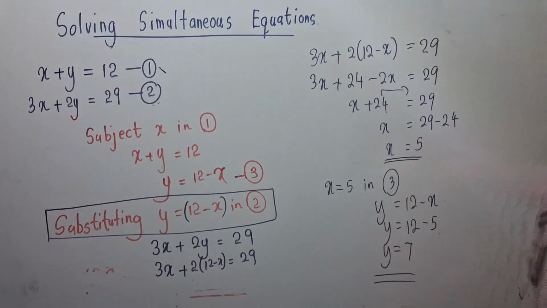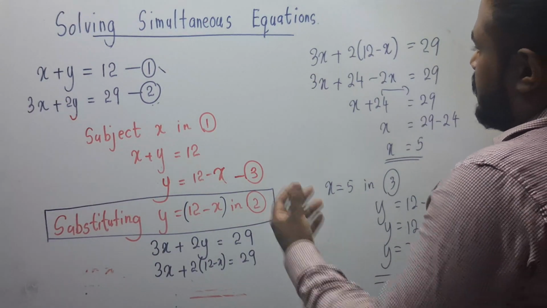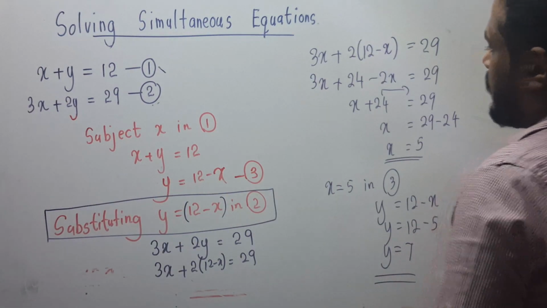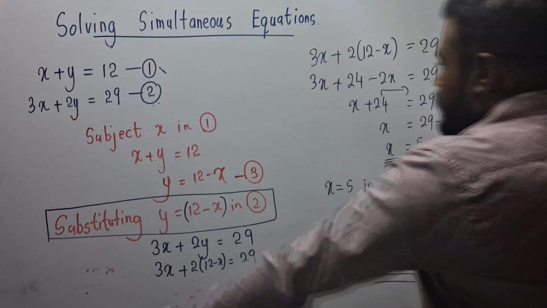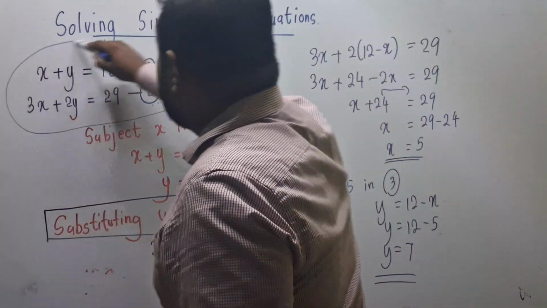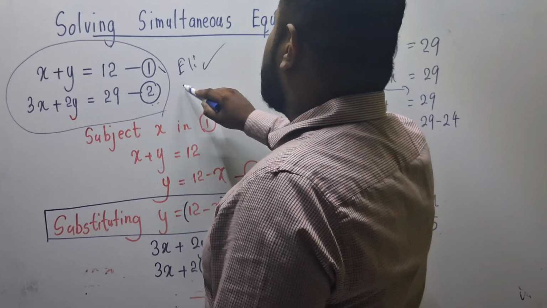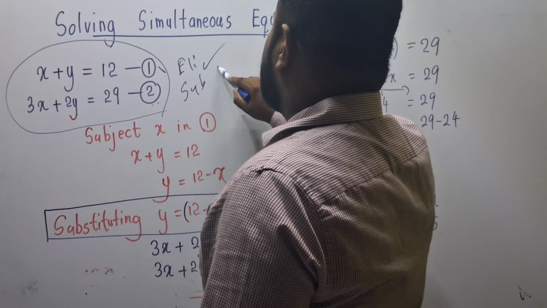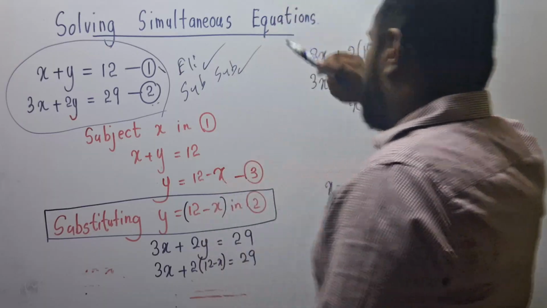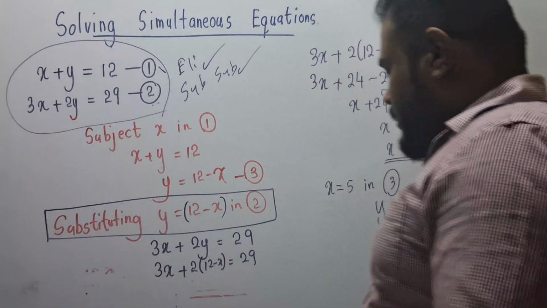We got the same answer as we did in the previous elimination method. Now I taught you how to solve this type of equation from the elimination method as well as the subject and substitution method. Okay, both are done. Then I will give you the next question.